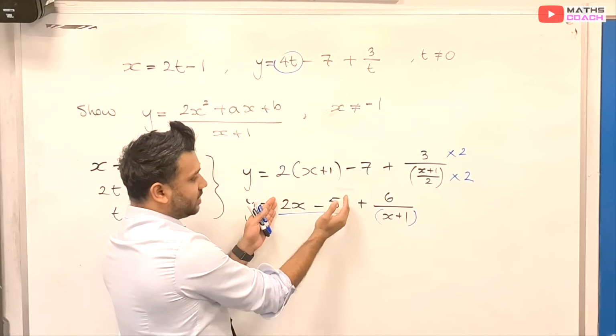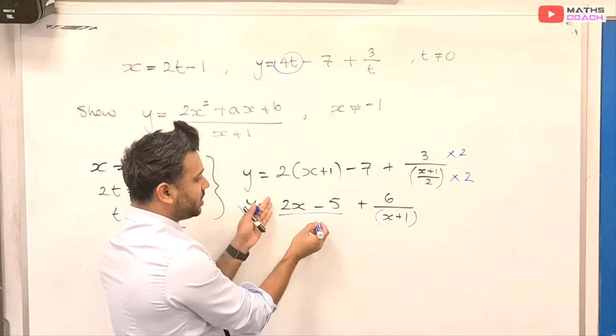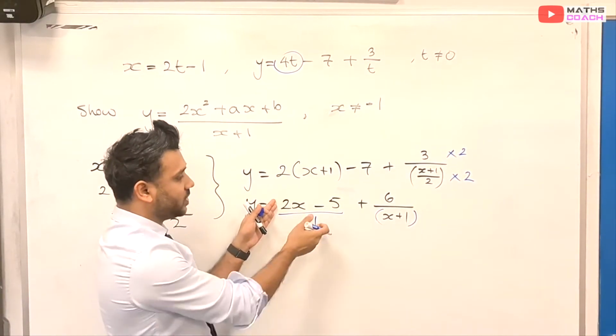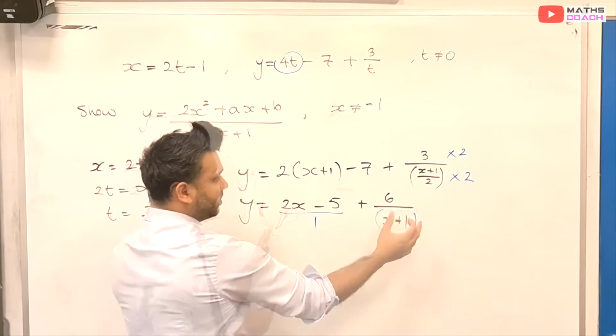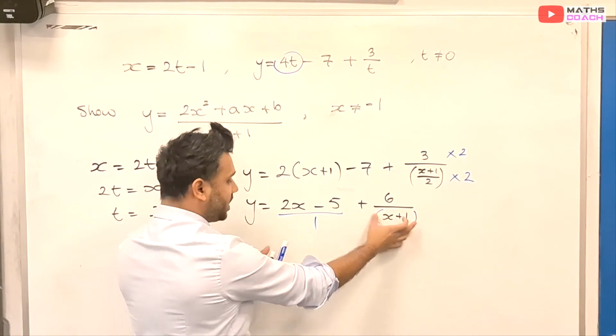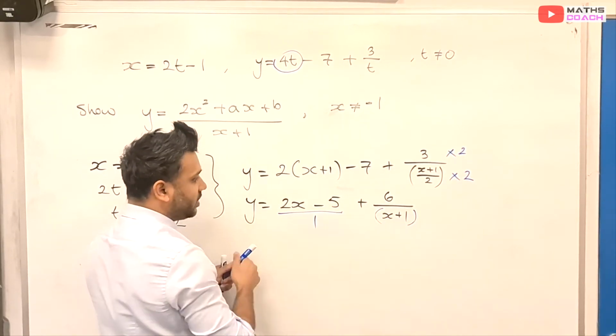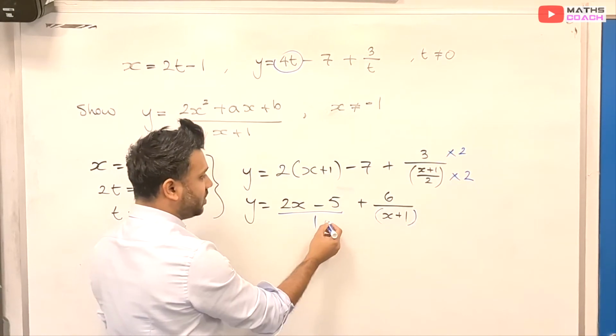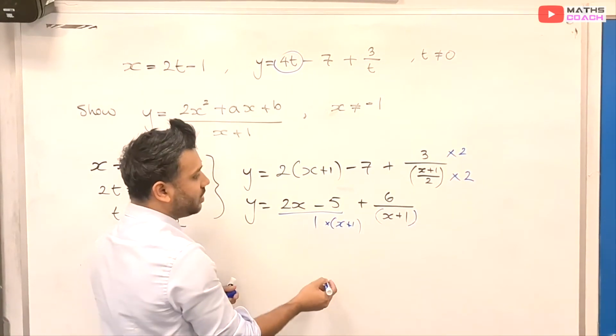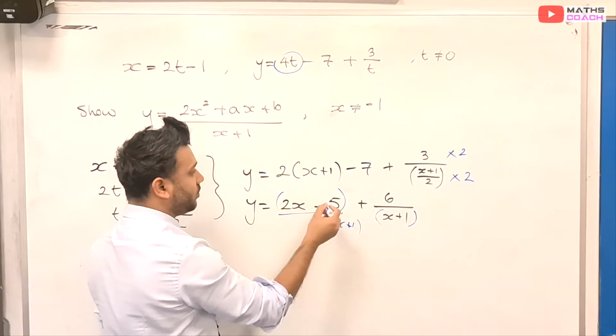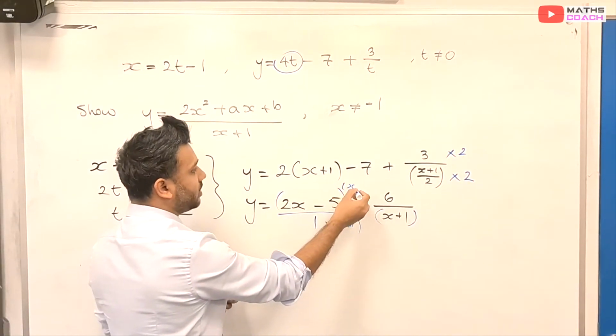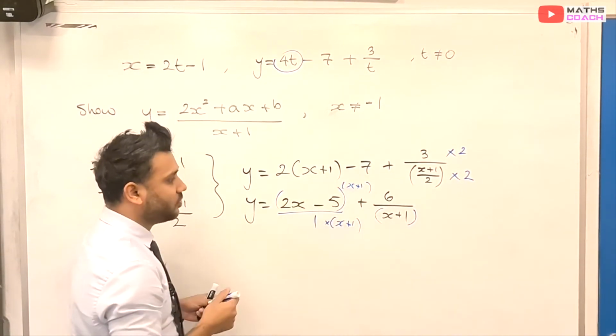This expression here doesn't have a denominator, but if you want that to be a fraction, we can always divide it by 1. Now, this is x plus 1 on the denominator. We want an x plus 1 here. So if we times the bottom of the fraction by x plus 1, you also have to multiply the numerator of the fraction by x plus 1 to balance off the fraction.